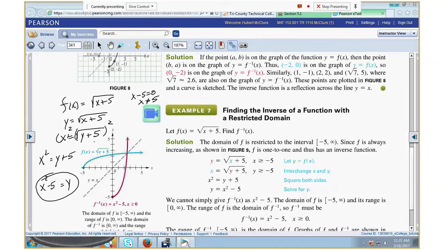So what if you plug in a 6? It would be a 1. If you plug in an 11, what if you plug in a 7? 7 would be 12. What if you plug in negative 5? Oops, negative 5 plus 5 is 0. So what about negative 4? Negative 4 plus 5 is 1. So we can use all numbers greater than what? Greater than or equal to negative 5.